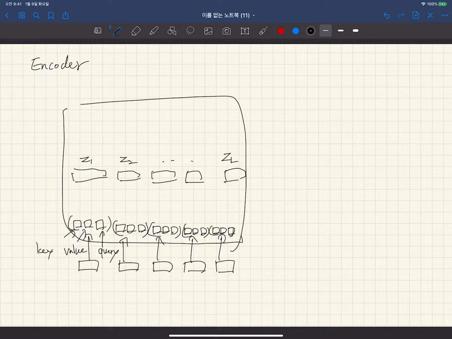Essentially, the operation is this. At each time, for each position, they use the query vector to understand the relation between any pair of words.